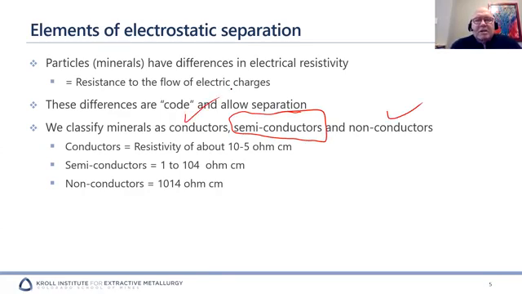A conductor has a resistivity of 10 to the 5 ohm centimeters, and non-conductors have a resistivity of something like 10 to the 14 ohm centimeters, and semiconductors in the range of 1 to 10 to the 4 ohm centimeters.